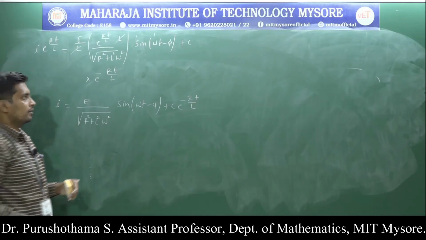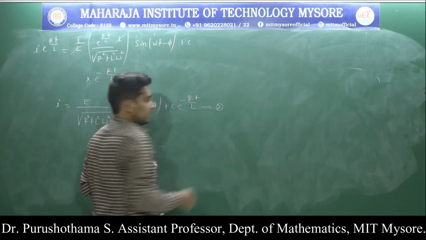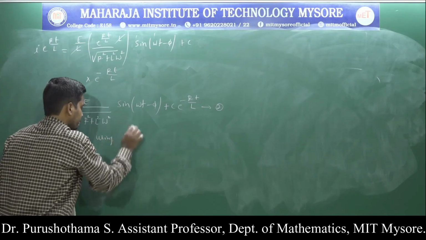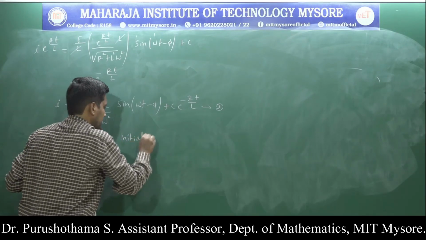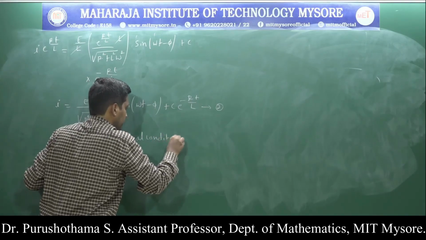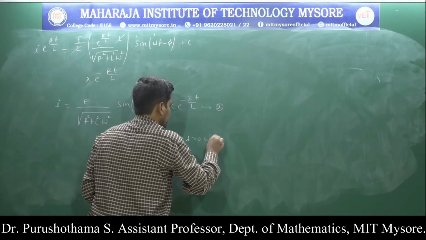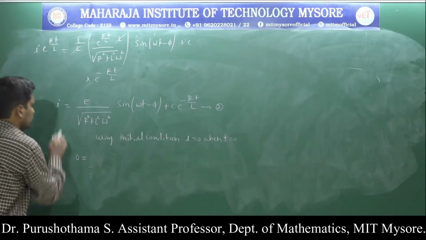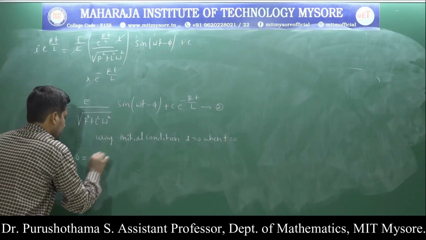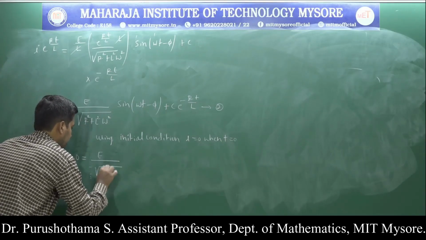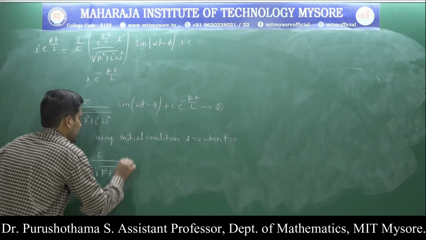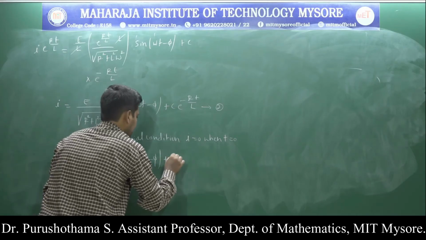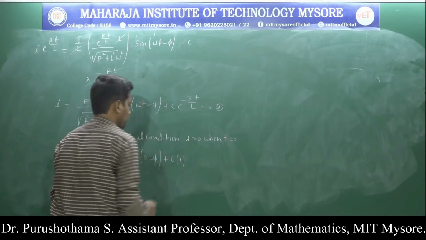Call this equation 2. In this equation, using the initial conditions, I is equal to 0 when t equals 0. Therefore, 0 is equal to E divided by square root of R square plus L square omega square into sin of 0 minus phi, plus C into e power 0, which is nothing but 1.